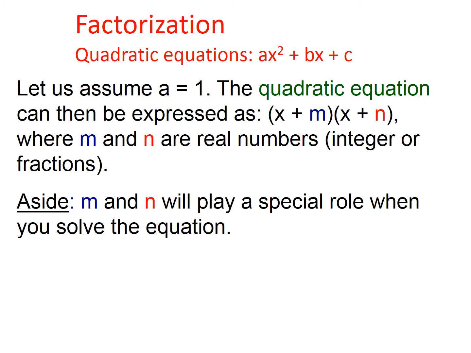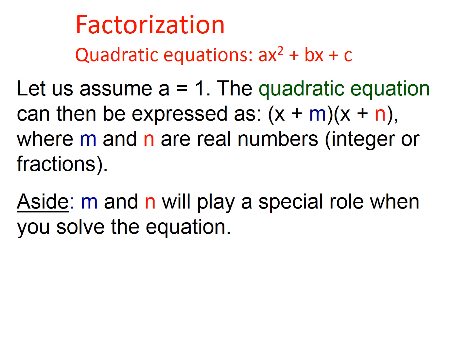The reason we know that is that if we take this generic equation and multiply out these brackets, first of all, x times x is x squared, and then we multiply the other things, so plus xn, then plus xm, plus mn.